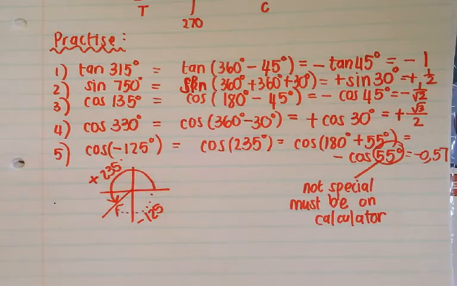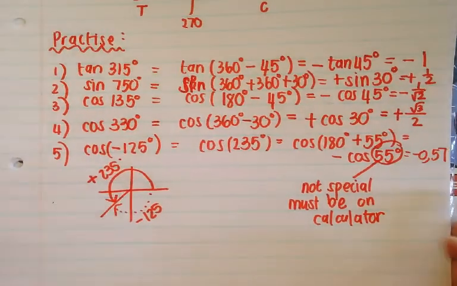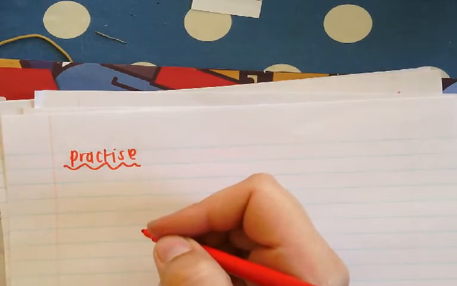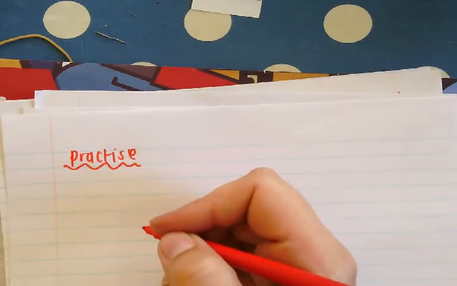So I'm going to complicate it slightly, and I'm going to add multiple reductions and special angles into one question. I'm going to take ones that we have just used.